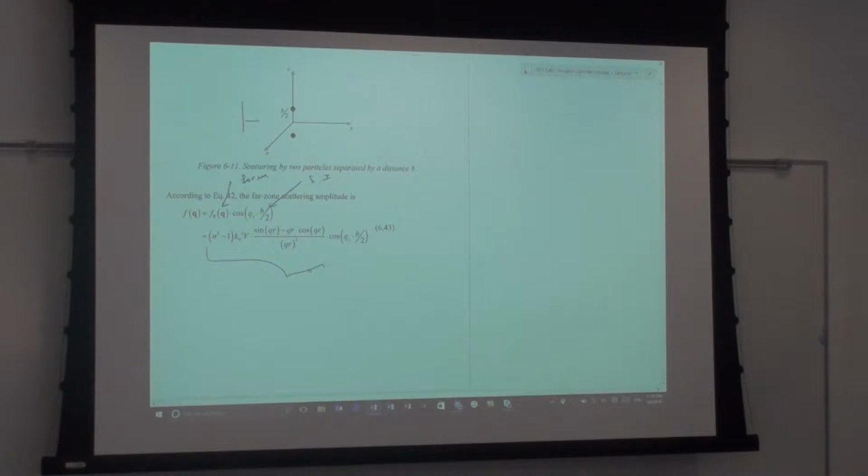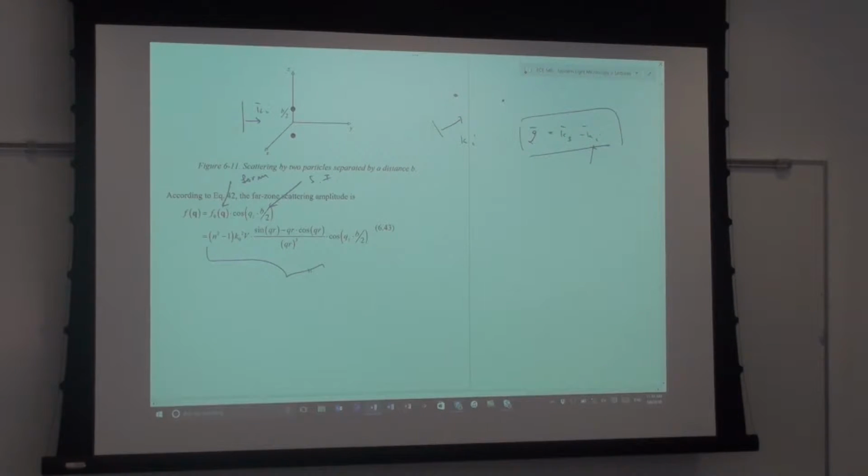So this assumes my K incident is like this. But how would you solve this problem if my K incident was this way? Or my particles were at this strange angle, like that? It's no problem, you just represent the coordinates, right? You rotate the coordinates, rotate the Ki. No problem, everything is the same, as long as you keep in mind Q is the vector difference of K scattered minus Ki. Yeah? So if Ki rotated, no problem.